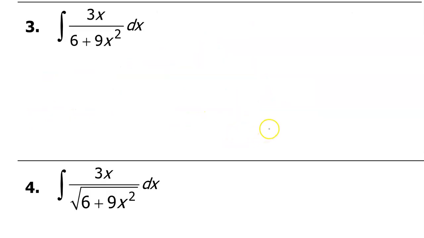Number 3 will require the memorized rule that the integral of 1 over u du is equal to the natural log of the absolute value of u plus c. Keep that in mind. You will see that soon. Let's do U substitution.